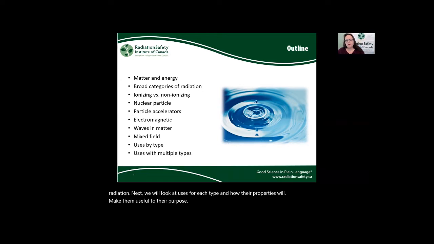We will then look at applications which could use different sources to do a similar task. Please note that while this is a broad overview, it does not include every possible use or instance of where you may encounter radiation. Also, the focus of this webinar is the uses of radiation. For more details on radiation and its health effects, please see the past webinar, Understanding Radiation, and the upcoming webinar, Health Effects of Radiation.